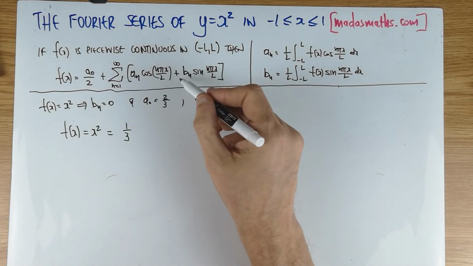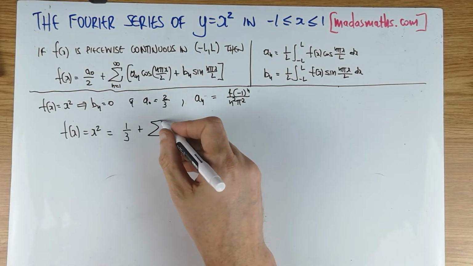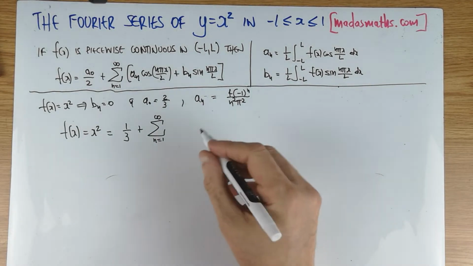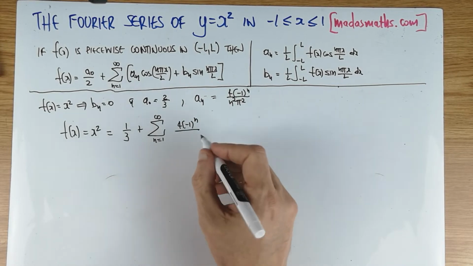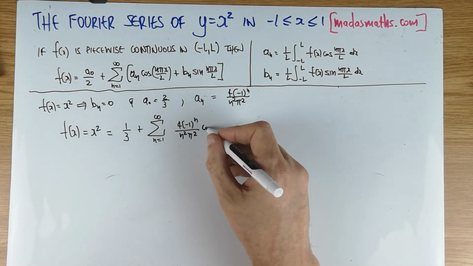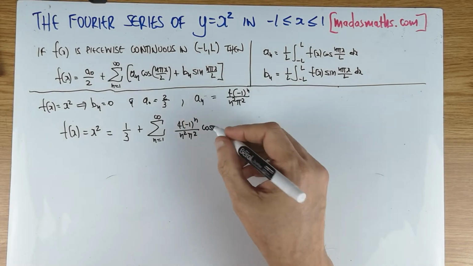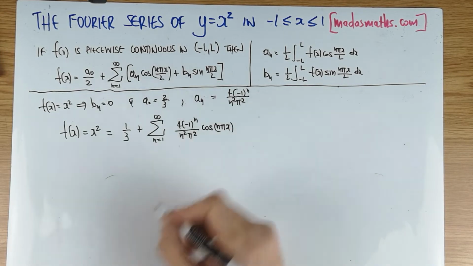We found that the b_n's are 0, there's no sine bits in there, plus the sum from n equal to 1 to infinity. The a_n's turned out to be 4 minus 1 to the power of n over n squared pi squared, and then of course the cos. Remember, the L is 1, so it's the cos of n pi x.